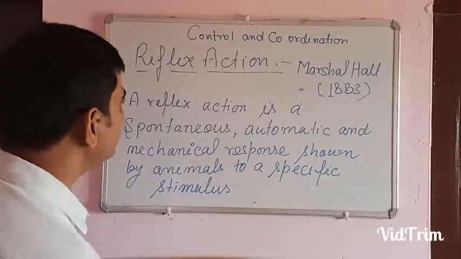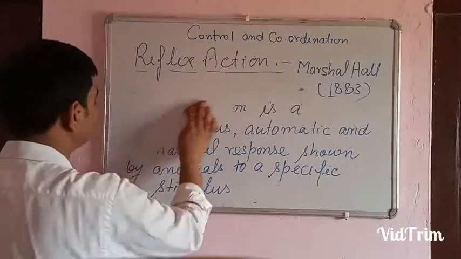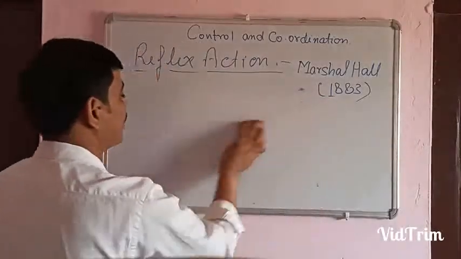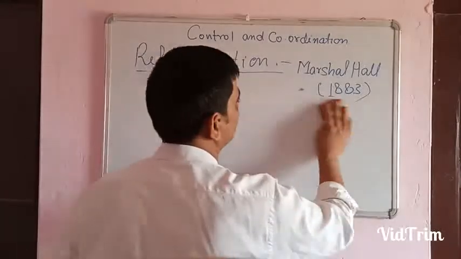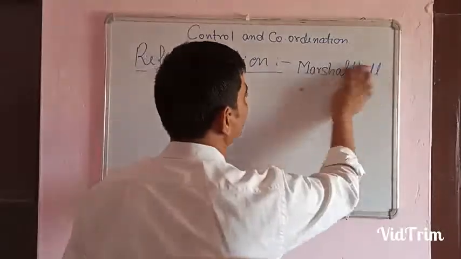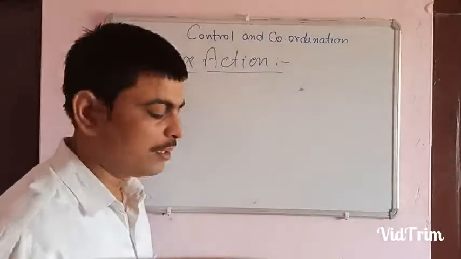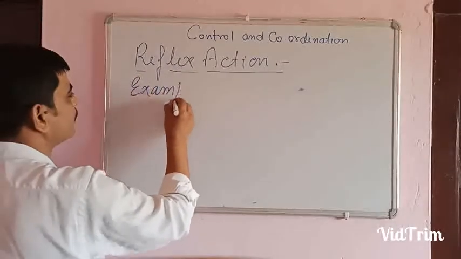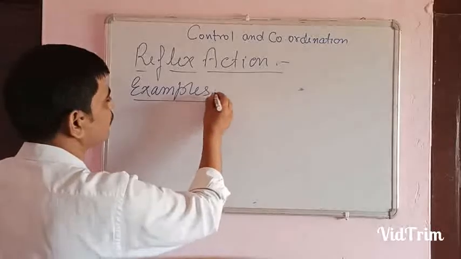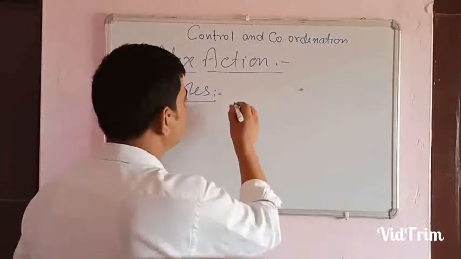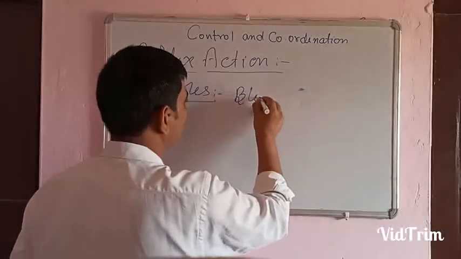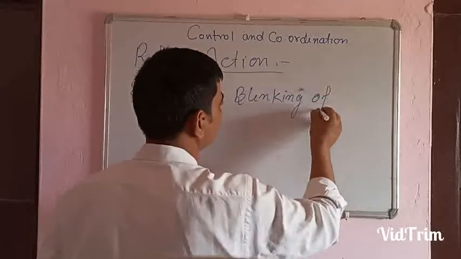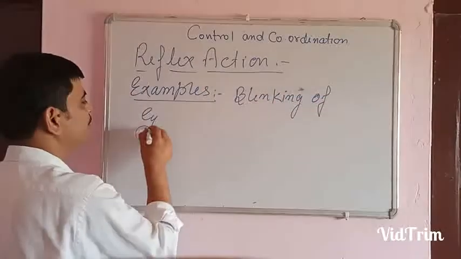Okay. Now let's take some examples of when reflex actions happen. These examples you can consider, like blinking of eyelids.